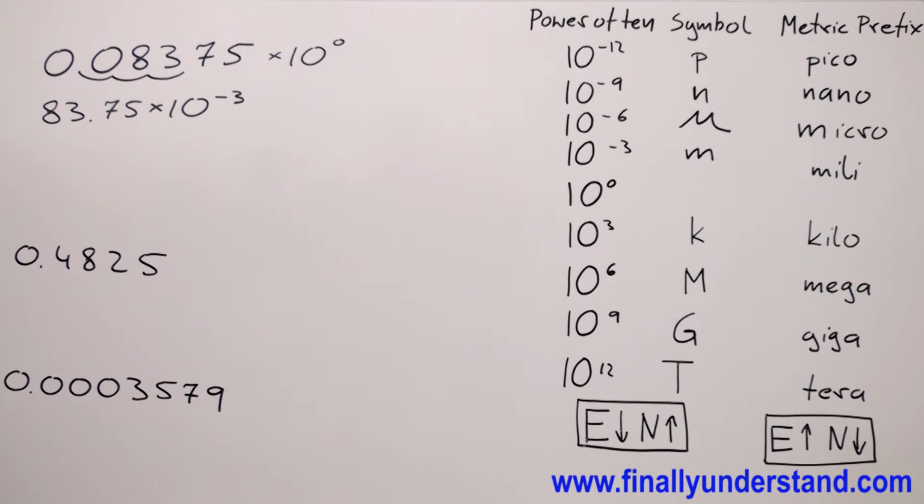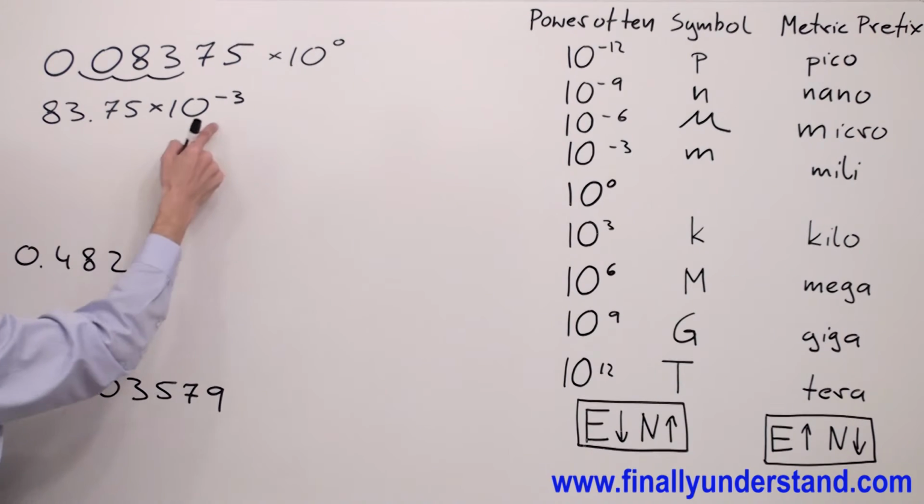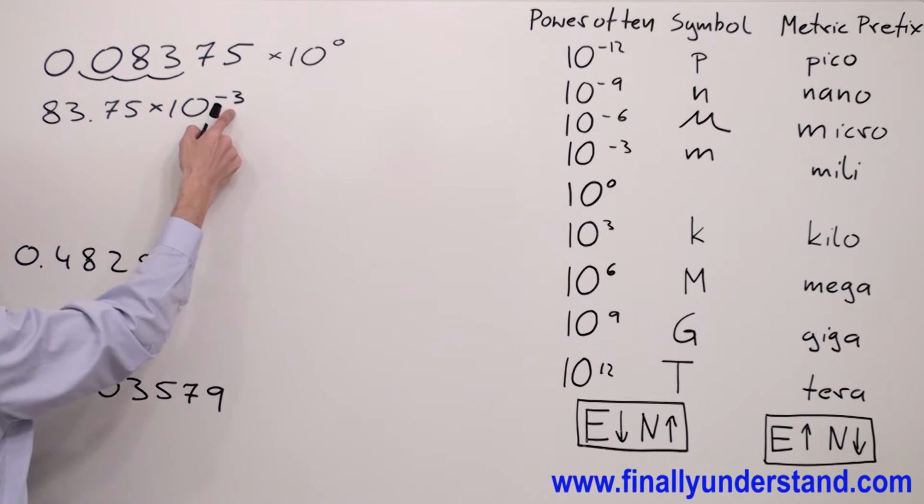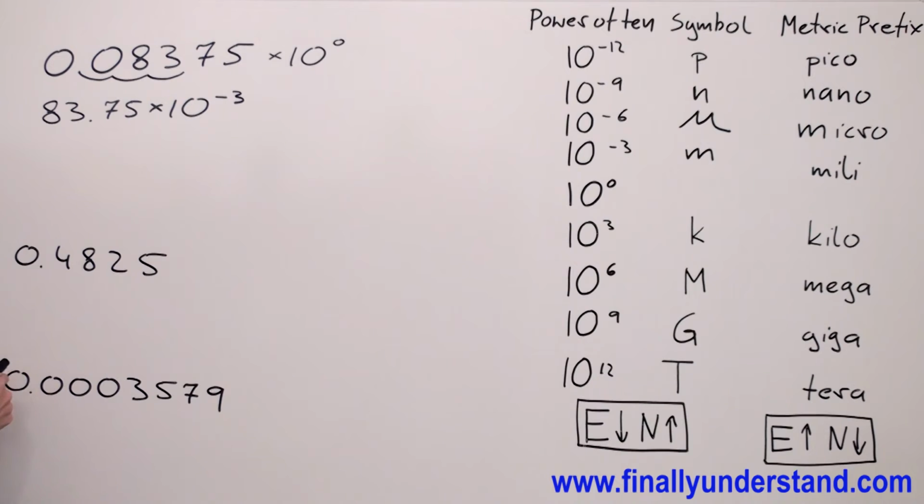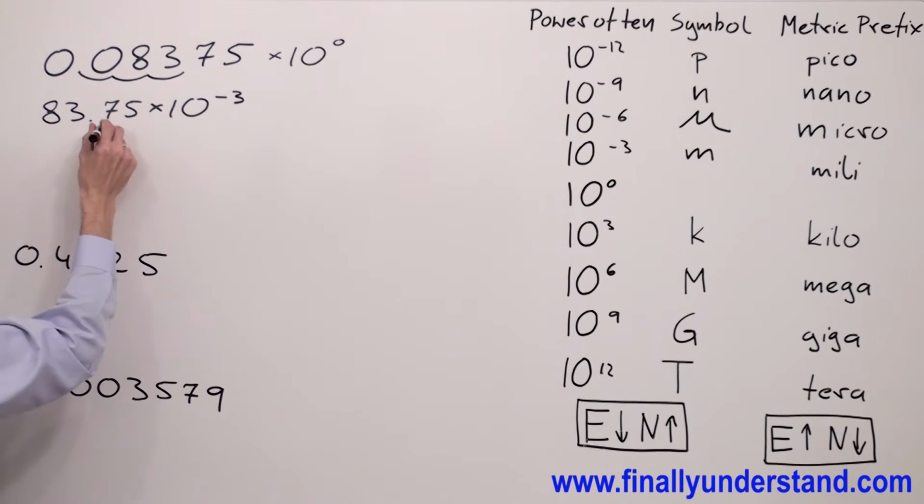Next, please verify if this is the engineering notation. On the left side of the decimal point, I have number which is between 1 and 999, and my exponent is multiple of 3. I'm supposed to round this number to 3 significant digits. I have 1, 2, 3.